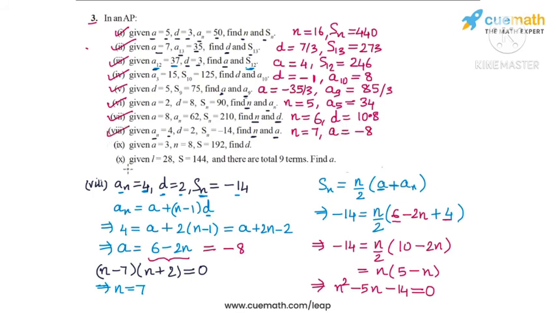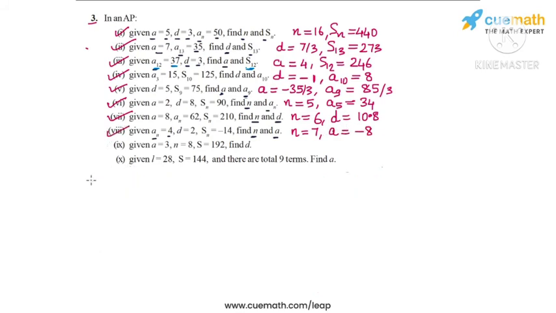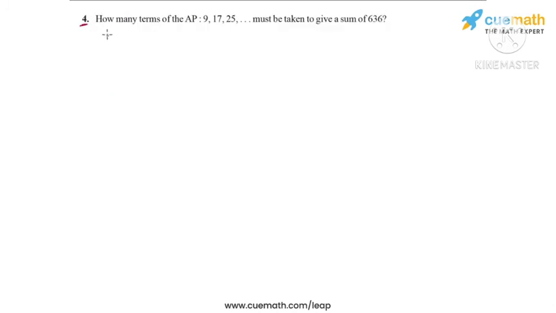Now let's go to part 9. The problem statement in question 4 of this exercise says, how many terms of the AP 9, 17, 25 and so on must be taken to give a sum of 636. So basically, as we take more terms of this AP, the sum will increase.